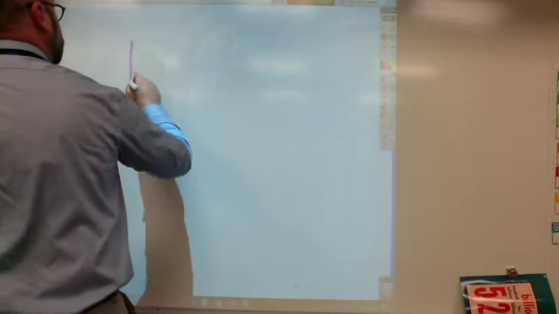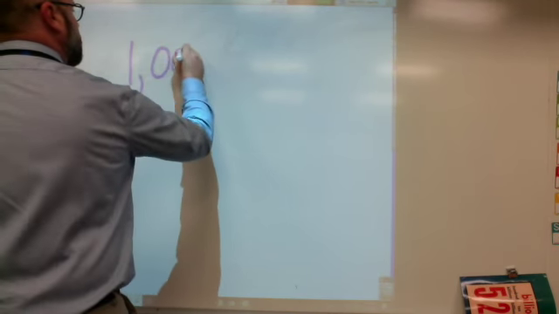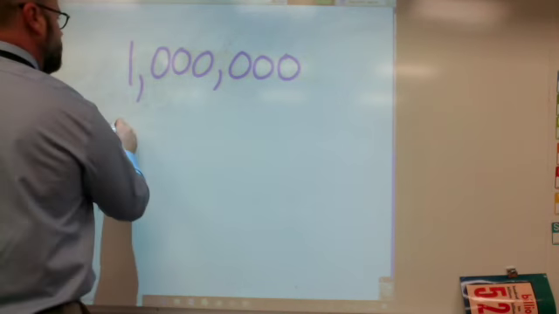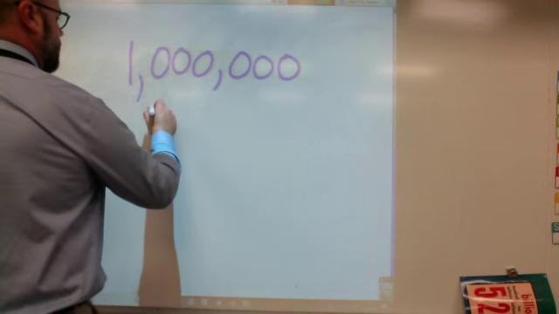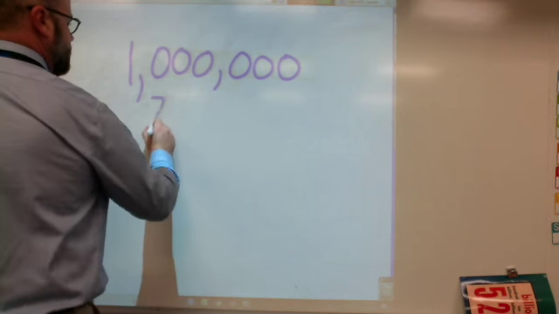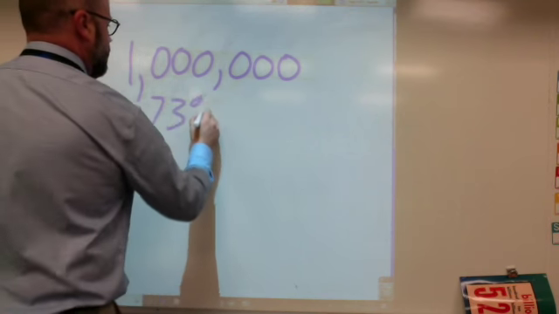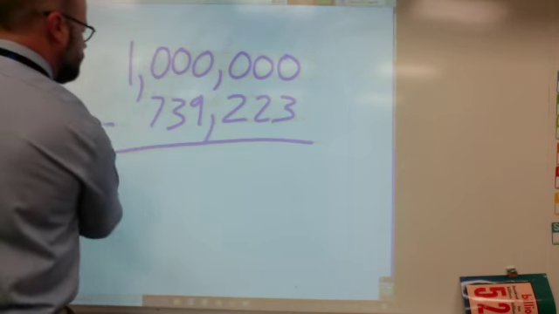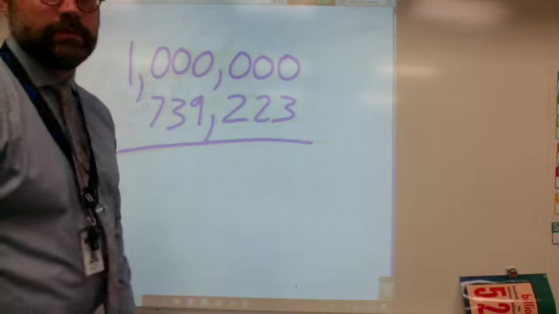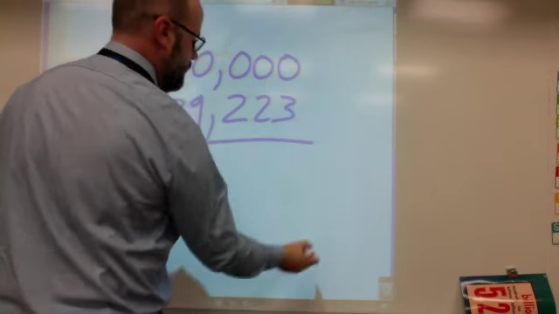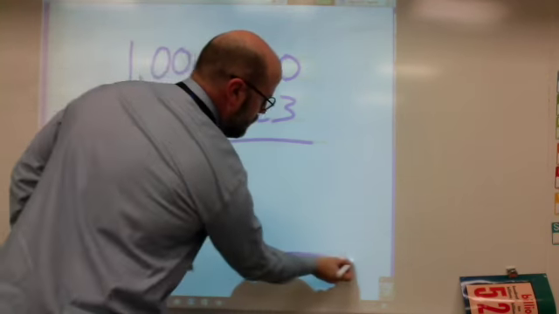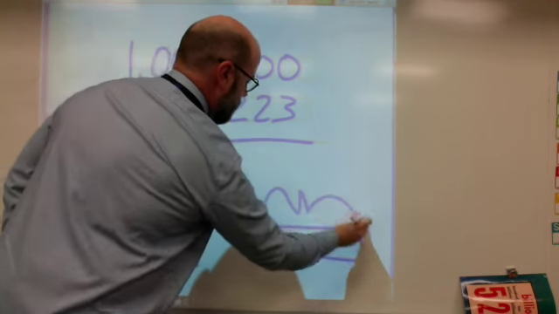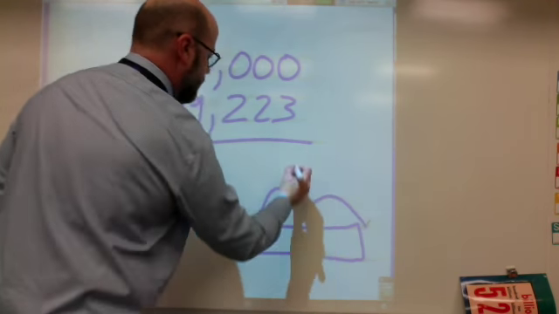I'm going to do 1 million minus, I don't know, 739,223. Well, if I'm going to do a quick tape, our whole is going to be what? 1 million, right?